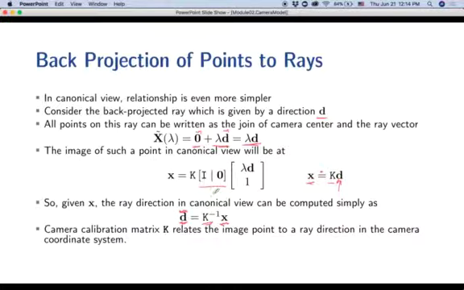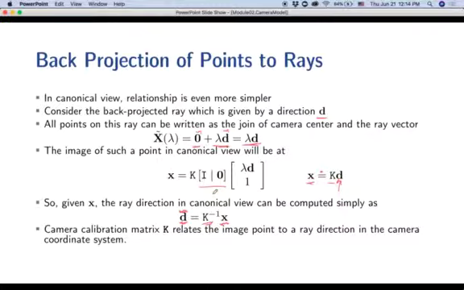So that's a very straightforward relationship now. The previous relationship that I showed you, which was written as a parametric form of that ray, is now a really straightforward relationship. The camera calibration matrix K relates the image point to a ray direction in the camera coordinate system. By camera coordinate system, I mean the canonical coordinate system. All right, which is a really straightforward relationship.